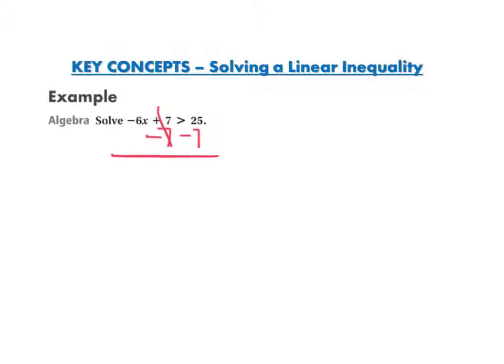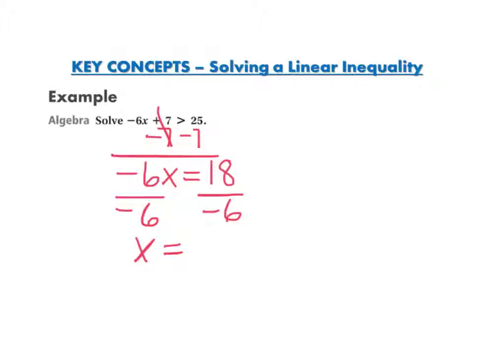When I do that, I've eliminated the 7s. I have negative 6x equals 18. I'm going to divide both sides by the number sitting in front of the x, and I get x equals negative 3.